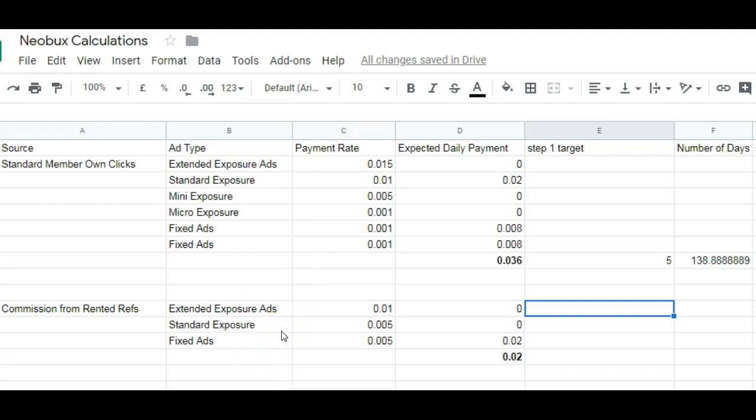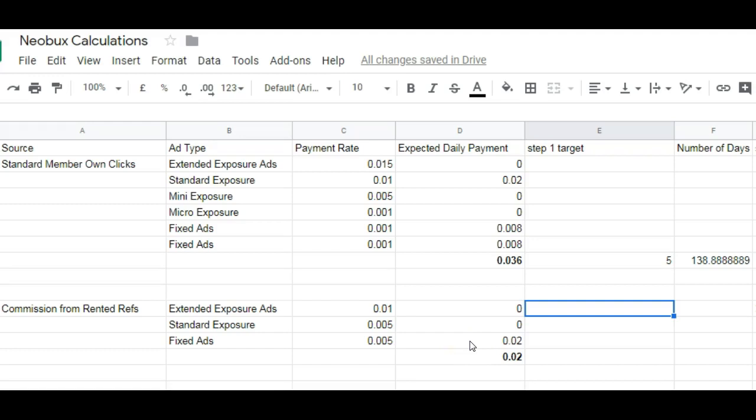You will get paid these different amounts for the rented referral clicks, but I have said that you're only going to get paid for the fixed ads. So I have put 0 for those ads, 0 for those ads. So you could get paid more than this, or you could get paid less than this for each rented referral.